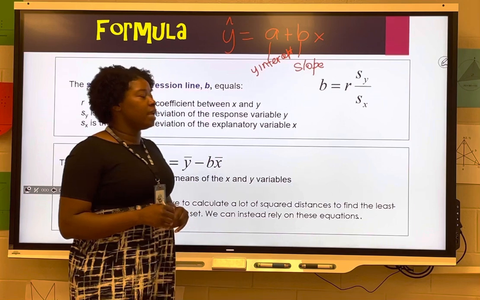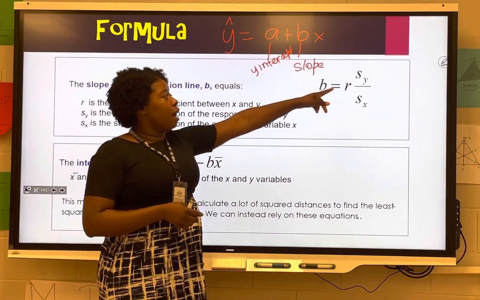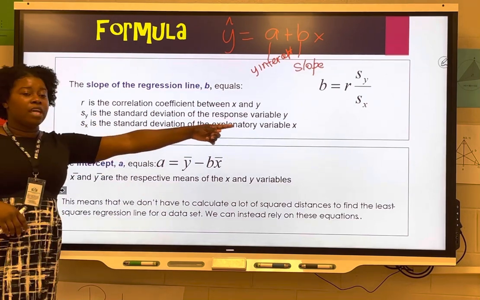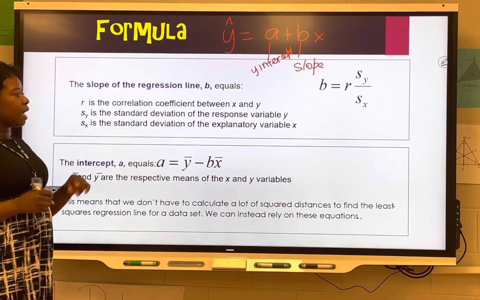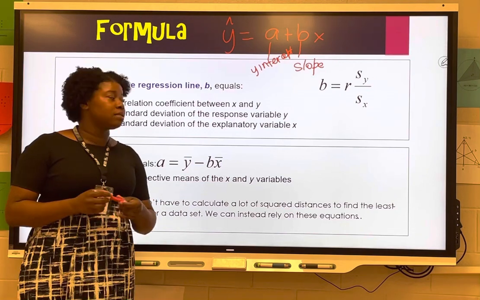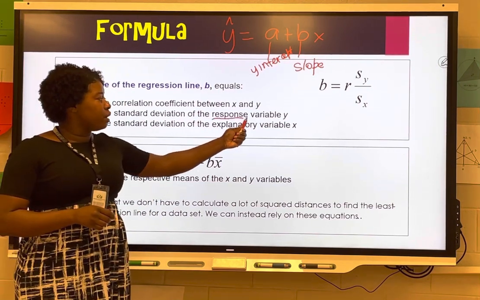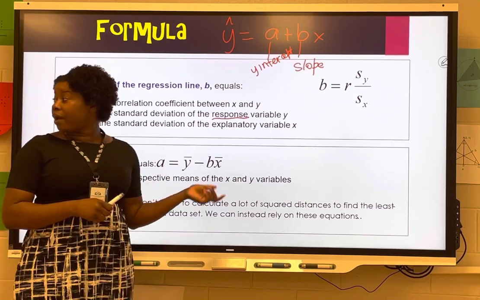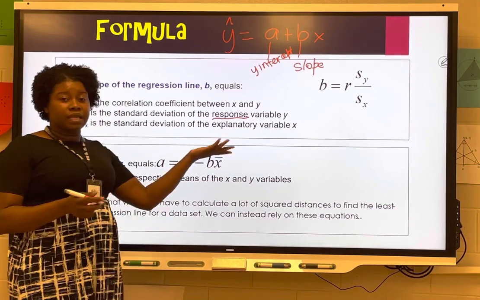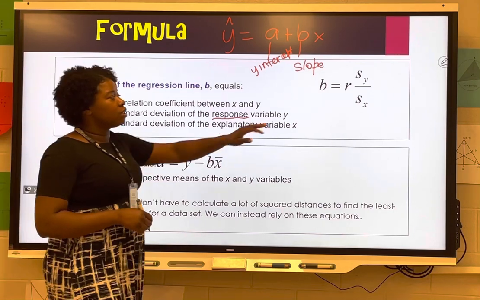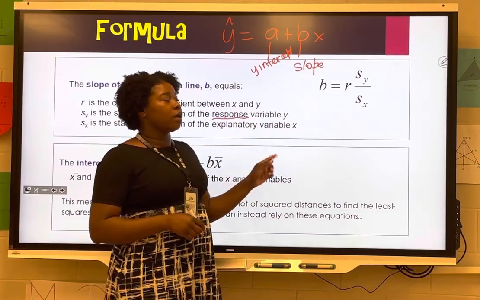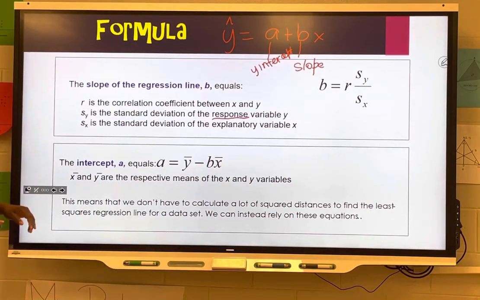All we focus on is the critical points: R, the correlation coefficient, Sy, the standard deviation of your y values, and Sx, the standard deviation of your x values. And here we have the word response, and you know your response variables represent your y values, your explanatory variables represent your x values. So we're going to focus on this formula if we want to find the slope of our least square regression line.